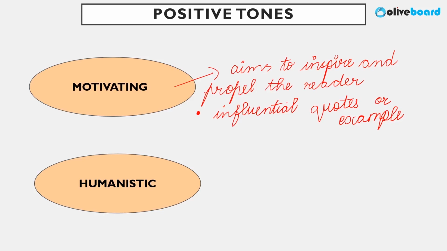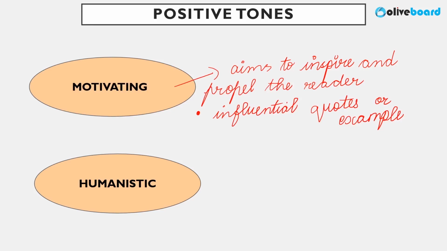Okay, next is humanistic. As the word suggests, if the writer is writing about issues related to human values, about the welfare of the society, about other such human affairs, then it is humanistic tone. Basically everything related to human values.